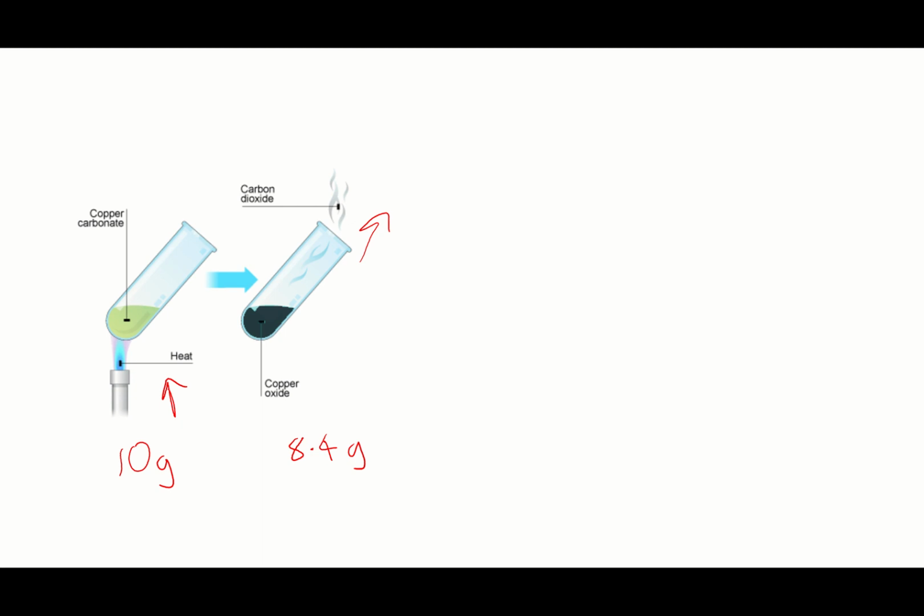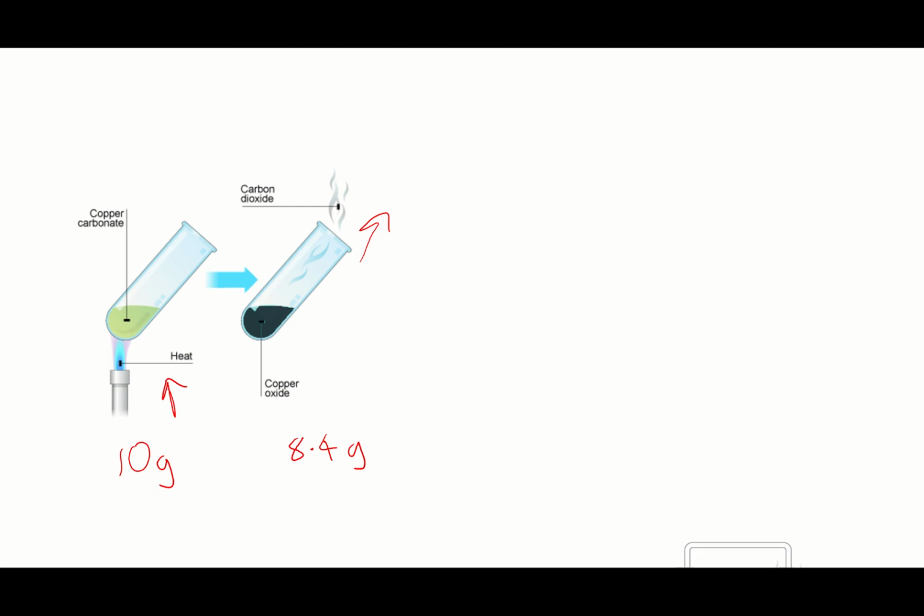That's because the carbon dioxide has escaped, because it's not an enclosed system. So the key thing you need to know is when it's not an enclosed system, the gas will escape, if there is a gas produced, and the mass will reduce. You can still account for it because of the conservation of mass. We know this gas has escaped, but we need to understand and explain that.